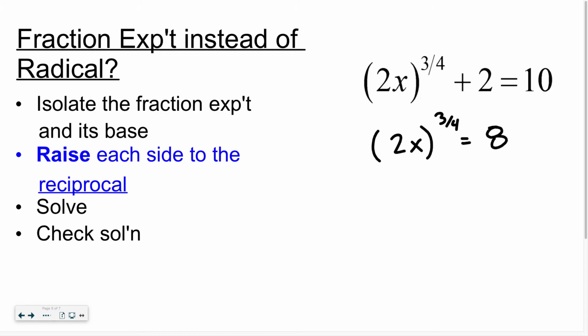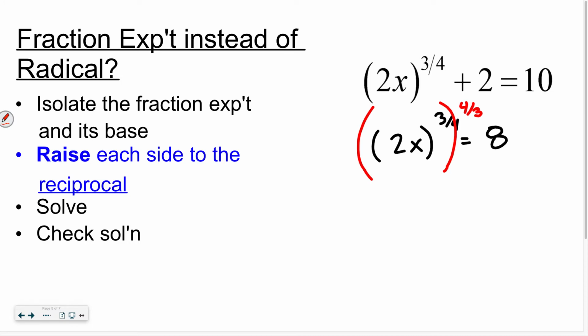So watch very carefully how this is going to work. I'm going to take this whole side and raise it to the 4/3, because that is going to create power of a power. Then I multiply 3/4 by 4/3, which is 12 over 12, which is just 1, which gives me 2x to the first, or 2x. So that's going to cancel it out.